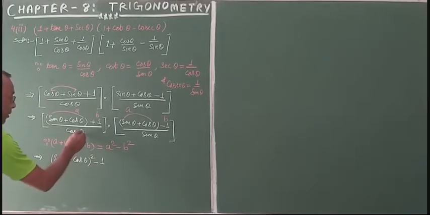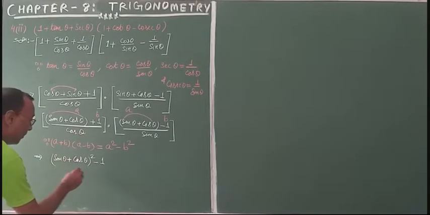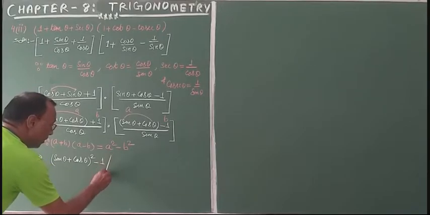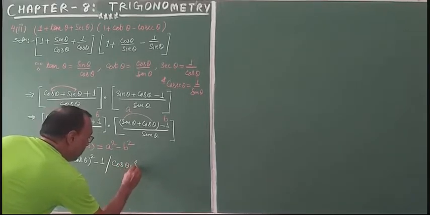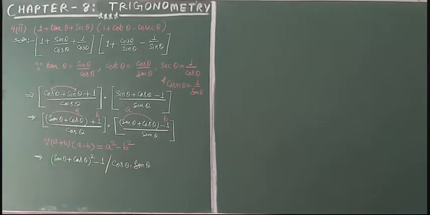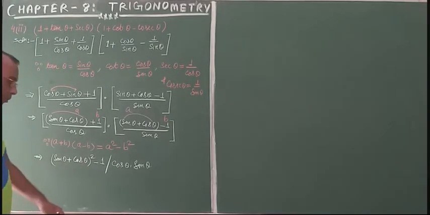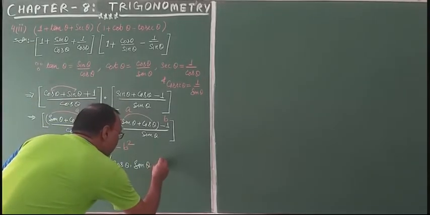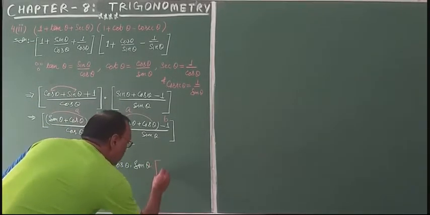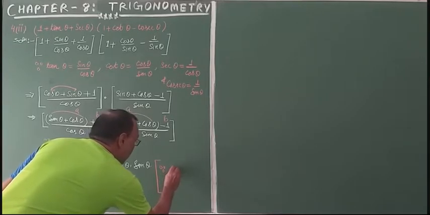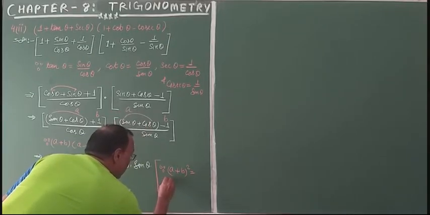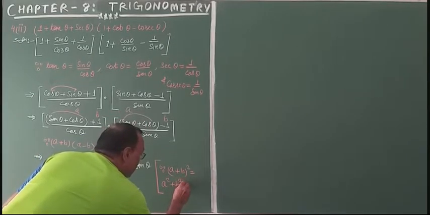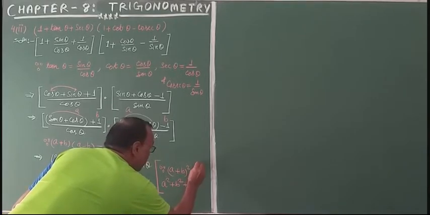In the denominator, these two will be multiplied: cos theta into sin theta. Now in this (sin theta plus cos theta) whole square, we will use the formula that (A plus B) whole square is equal to A square plus B square plus 2AB.